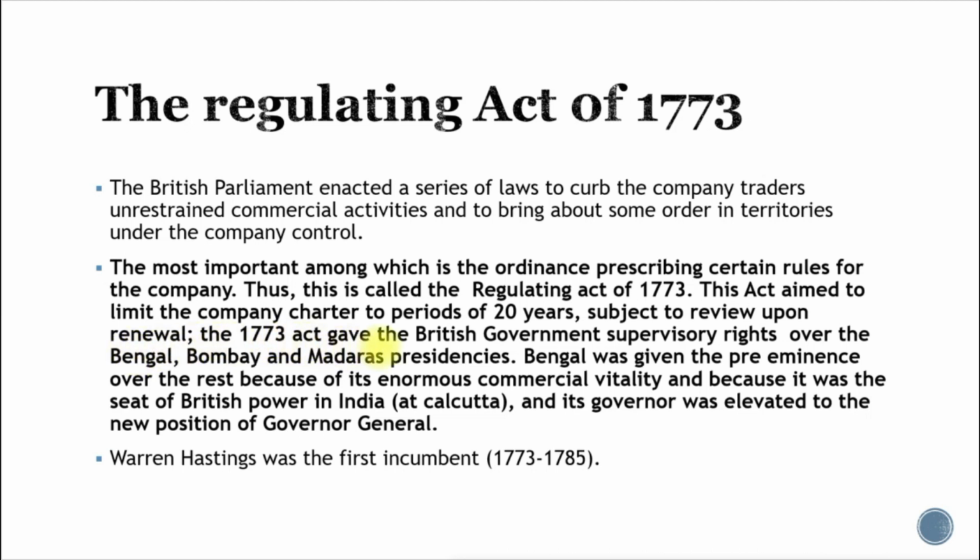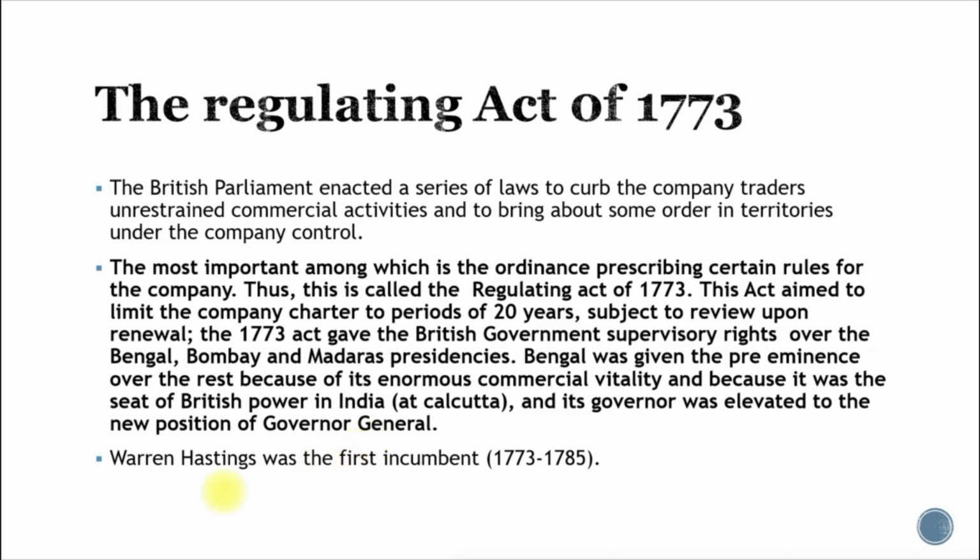The 1773 Act gave the British government supervisory rights over the Bengal, Bombay, and Madras presidencies, and Bengal was given preeminence over the rest because of its enormous commercial vitality and because it was the seat of British power in India at Calcutta, and its governor was elevated to the new position of Governor General.